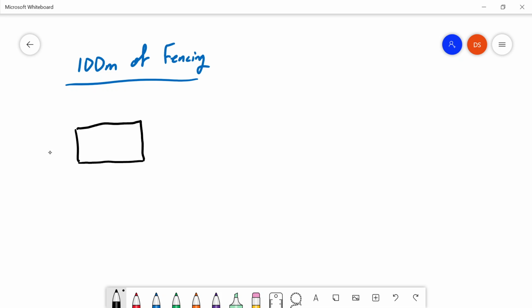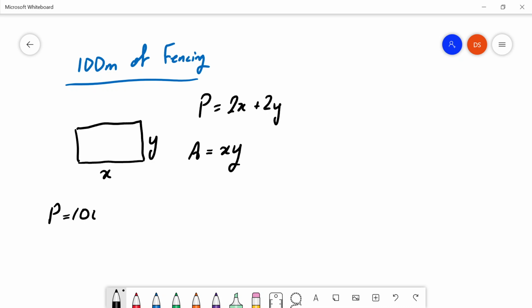So I have an x dimension and a y dimension. What do I know about these things? I know that the perimeter is going to be 2x plus 2y, and I know the area is going to be x times y. But I've only got 100 meters of fencing, meaning the perimeter is equal to 100 meters.